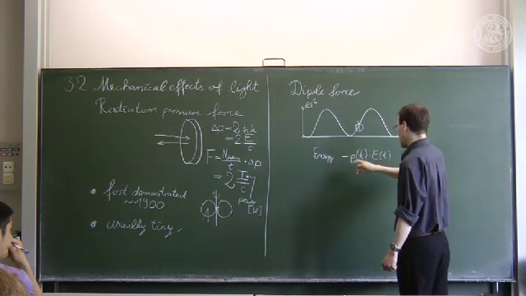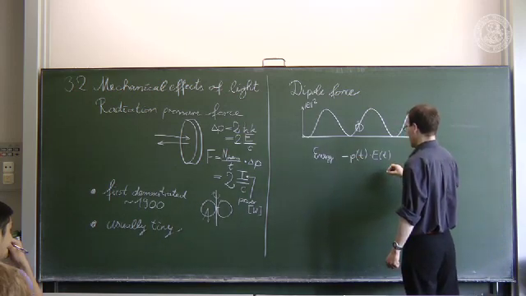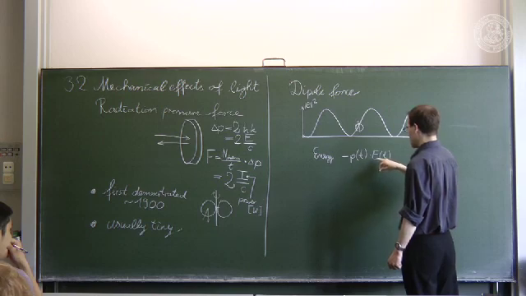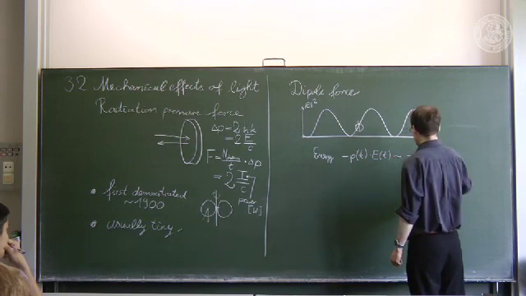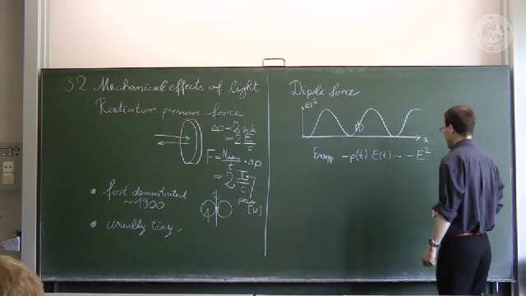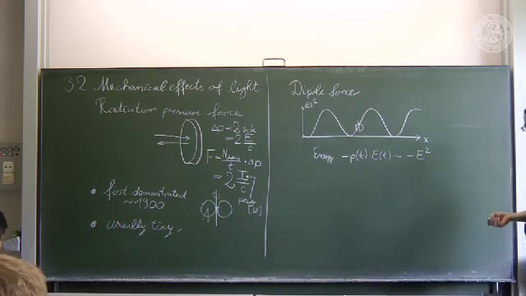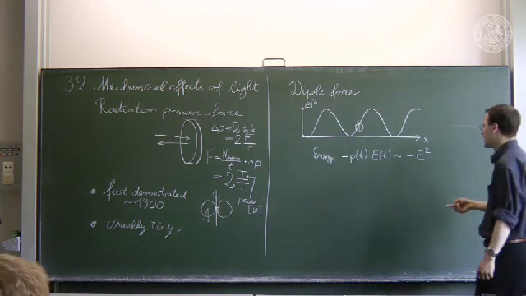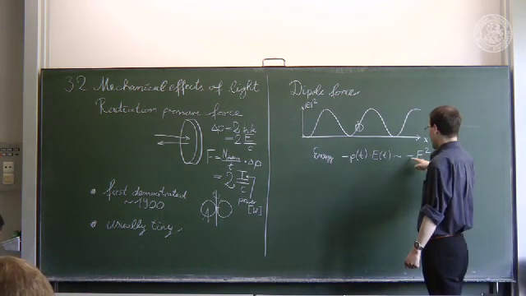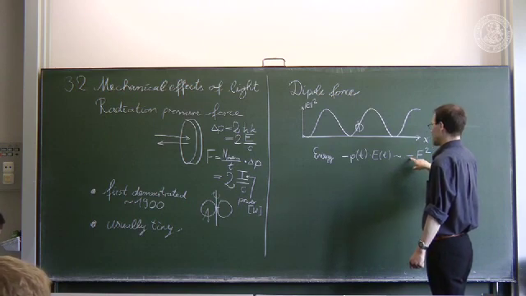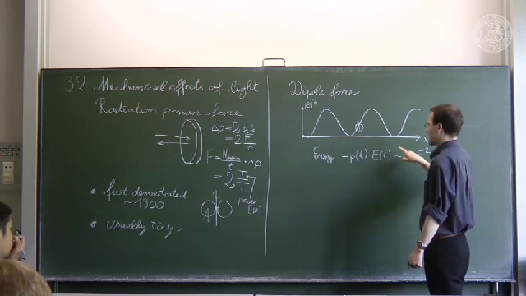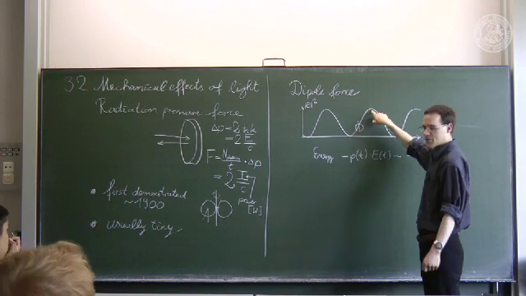However, because the dipole moment is proportional to the electric field, you see that the total energy goes like the field squared, that is the intensity. And so that means whenever the sign indeed is negative, the particle will be dragged into the regions of higher intensity.